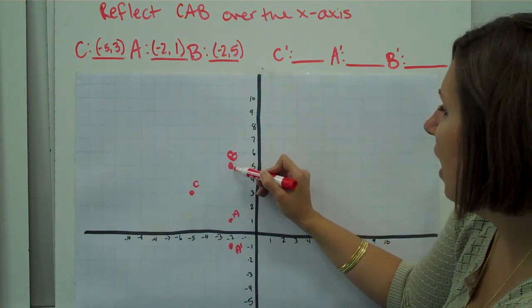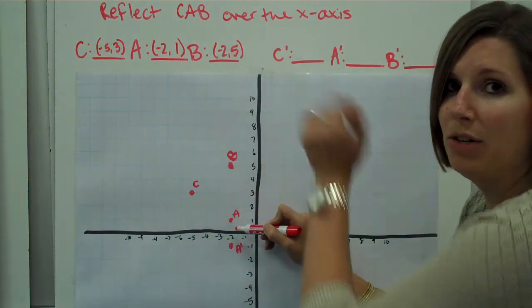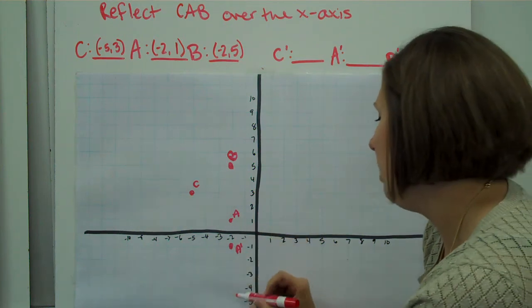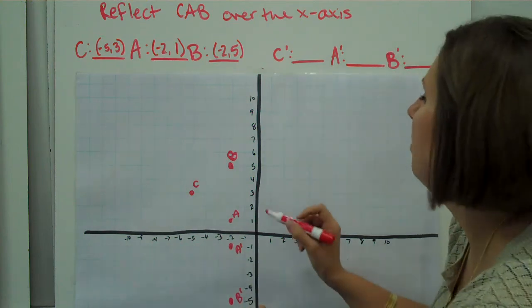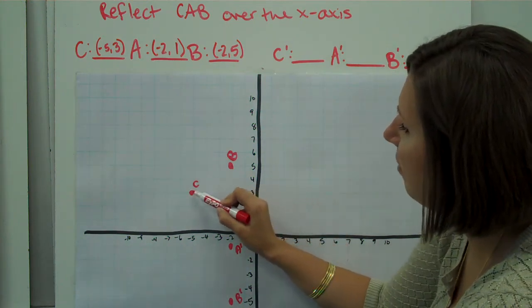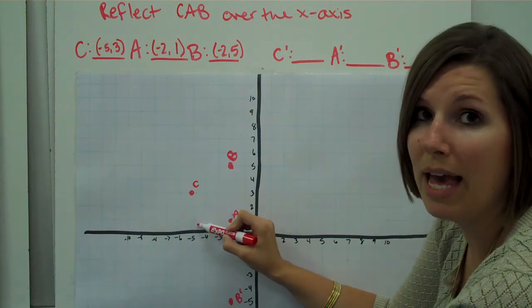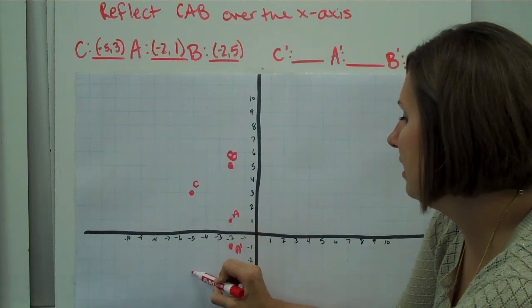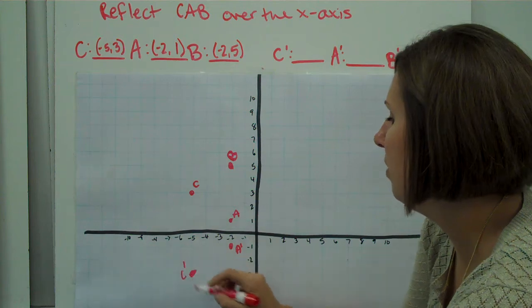B is 5 units away from the x-axis in the positive direction. I'm now going to move it 5 units away, but down here in the negative direction. This is my new B, B prime. And C, I'm going to just bring it straight down. It is 3 units away from the x-axis in the positive direction. Now I'm just going to go below the x-axis and plot my new C, which is C prime.